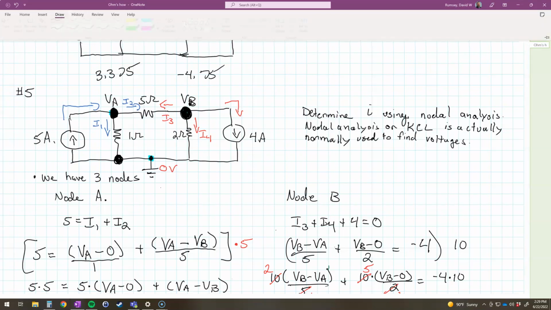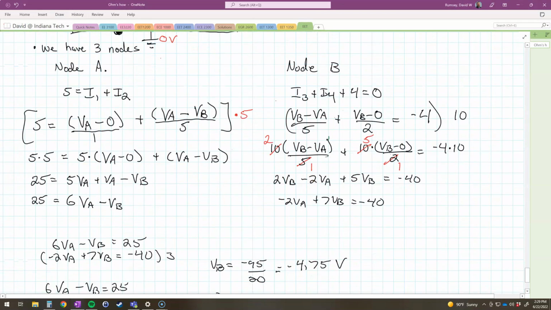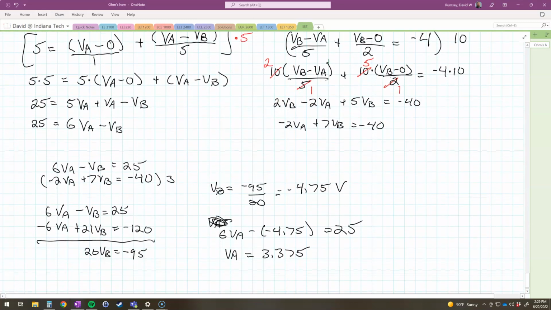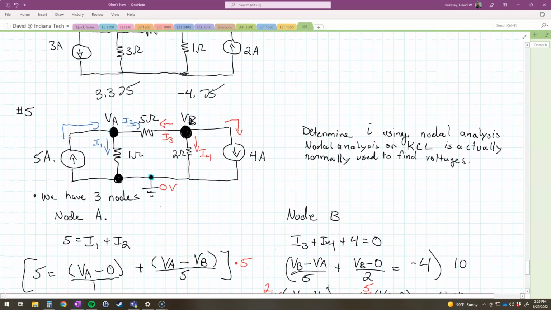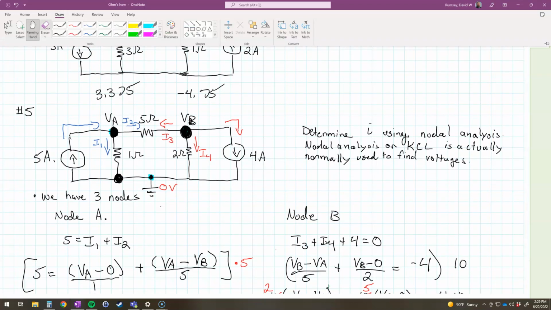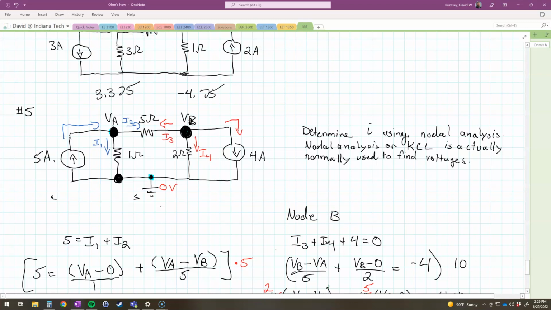I have such a bad short-term memory here. Yeah, 4.75. So those are our voltages. So I'm going to clean up my circuit diagram a little bit here. Erase some of this stuff here.